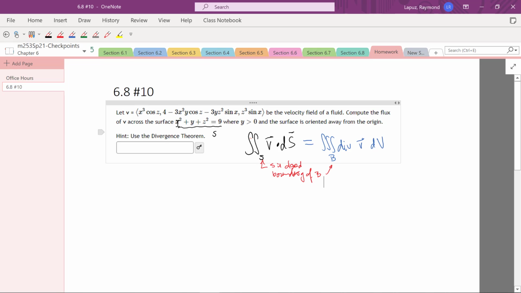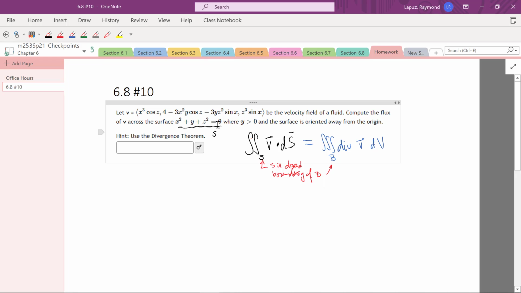Now, if we take a look at this surface, just by guessing, the surface has an x squared and a z squared, and the y is not squared. So this is looking like a paraboloid going along the y-axis. And furthermore, if we bring the z and the x over to the other side, we're going to have 9 minus x squared minus z squared.